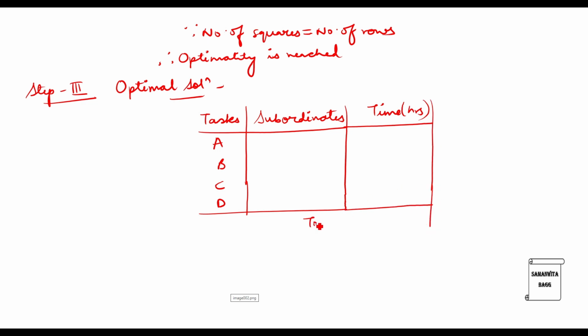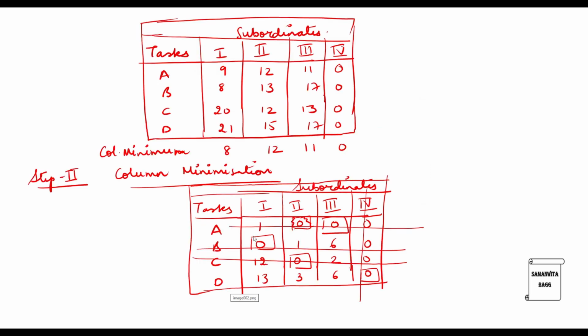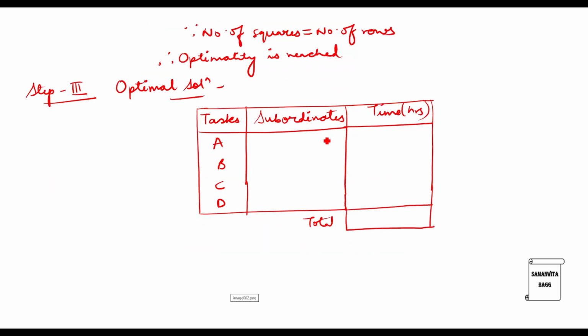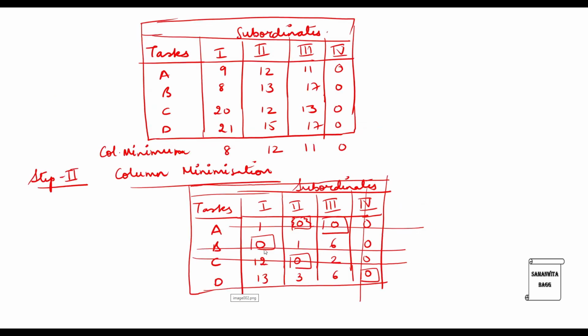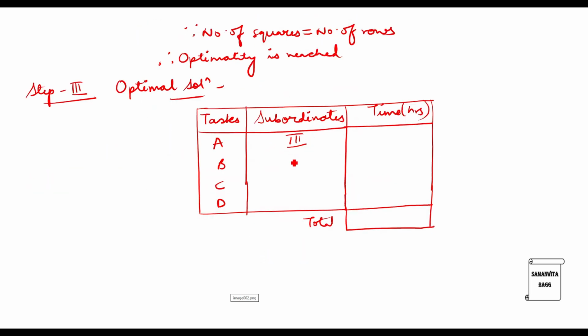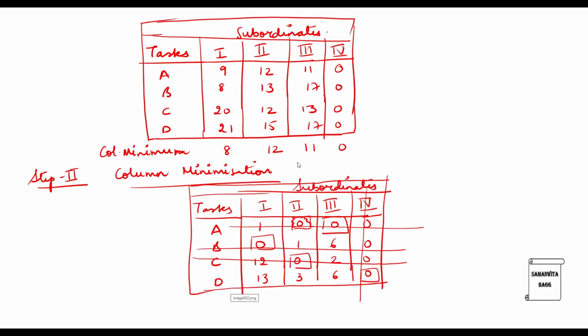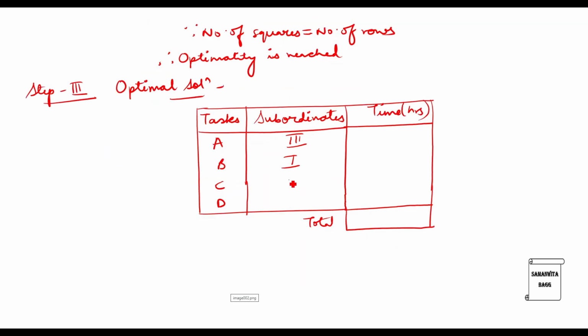And we also have to calculate the total value of this time. So the first task, you can see, has been allocated to the third subordinate. So I'll write here 3. The second one has been allocated to the first one. C is allocated to 2 and D is allocated to 4.